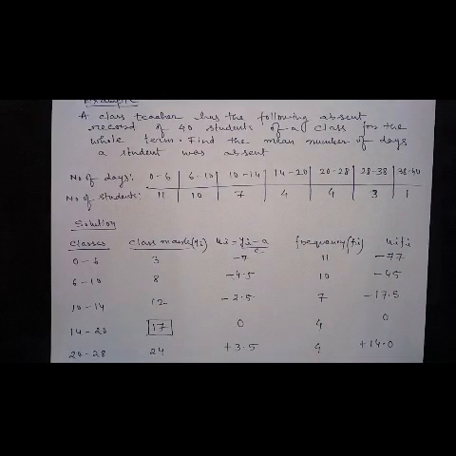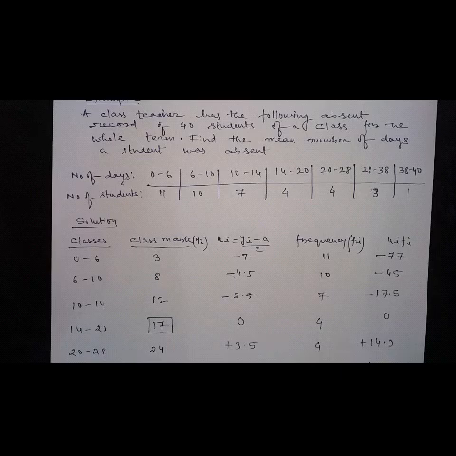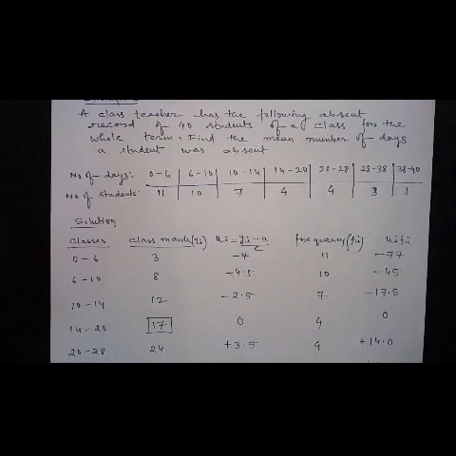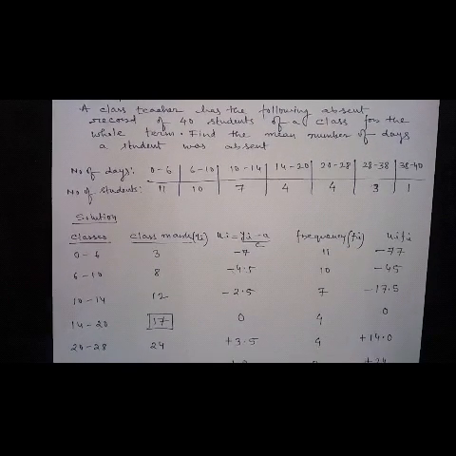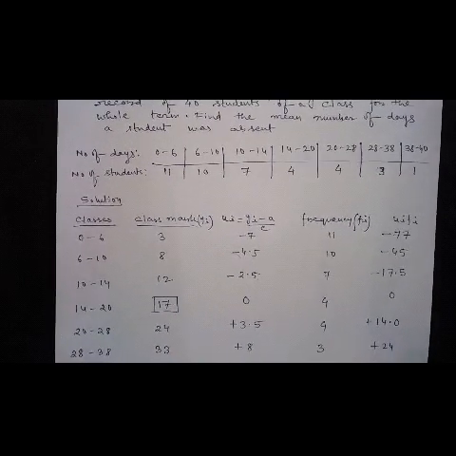So here the width of each class is not equal. So this is the advantage of the step deviation method. If the class widths are not equal, in that case also we can apply the step deviation method for calculating the mean. So let us see how.